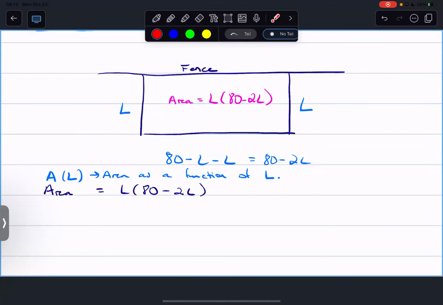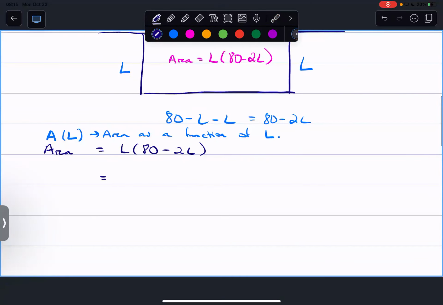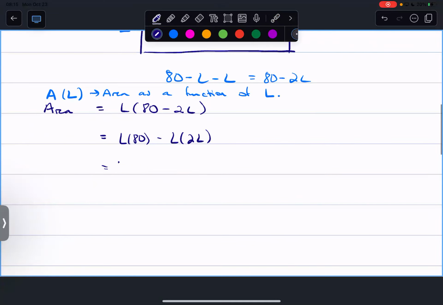Now, let's see here. So I have L times 80 minus 2L, or I guess I should do it in the same order. It was kind of painful to do it that way because usually I like to have the coefficient out front. So let's rewrite it as 80L minus 2L squared. Or with decreasing powers, right?